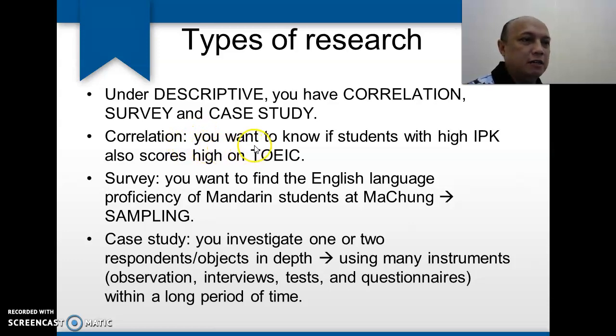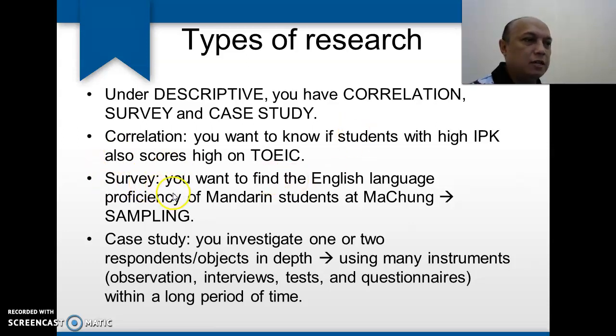Correlation is if you want to know whether students with high IPK or high GPA also score high on the TOEIC test. That's correlation. You want to know if these scores are high, is that followed by high scores on another measure or another variable. That's correlation. Again, we are going to discuss this further in the next chapter.